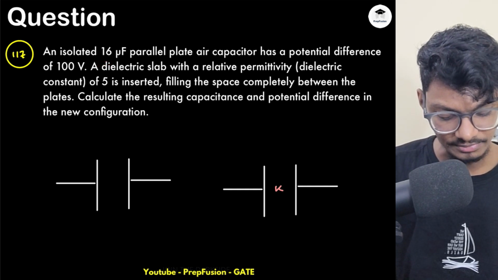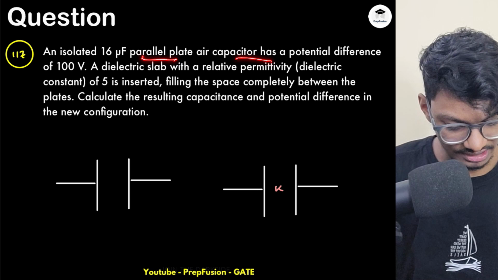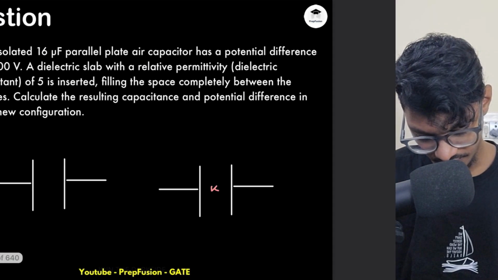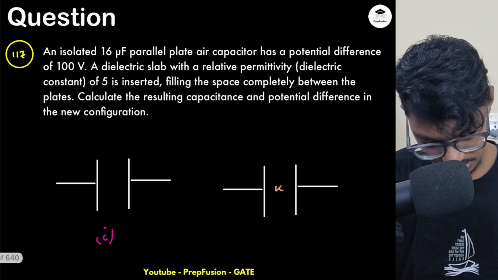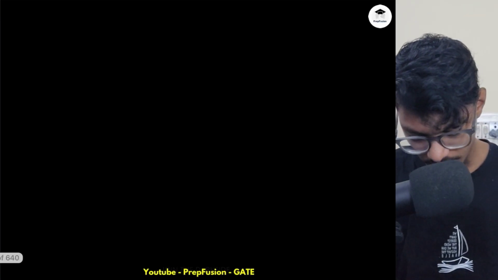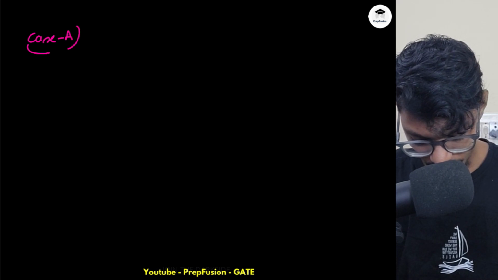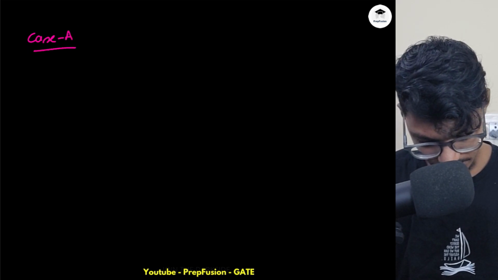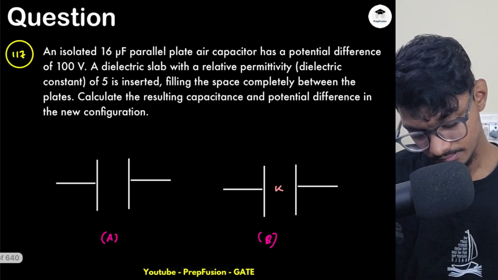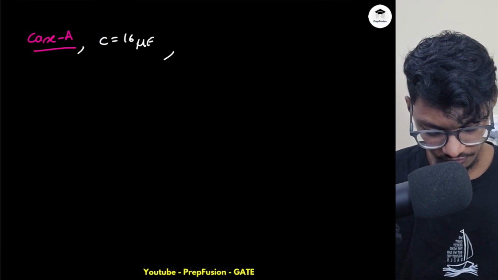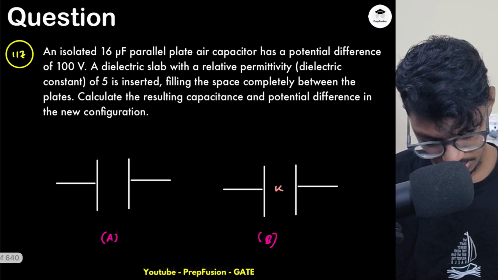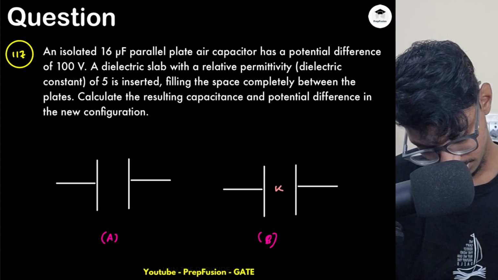An isolated 16 microfarad parallel plate air capacitor has a potential difference of 100 volts. So this is case A, and then case B. In case A, my capacitance is 16 microfarad and my potential difference is 100 volts.